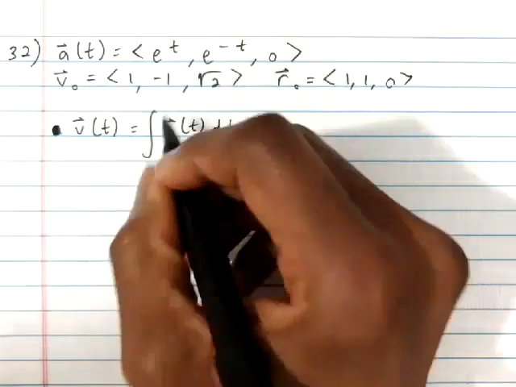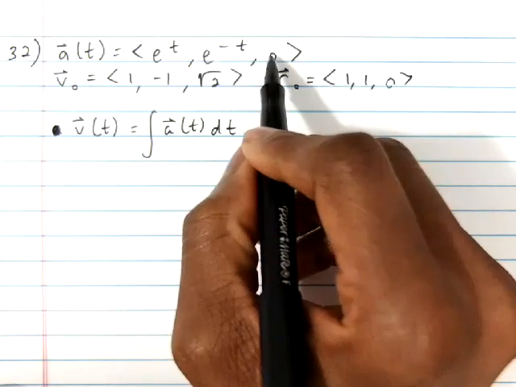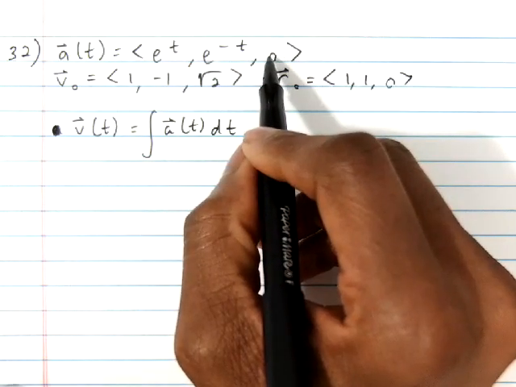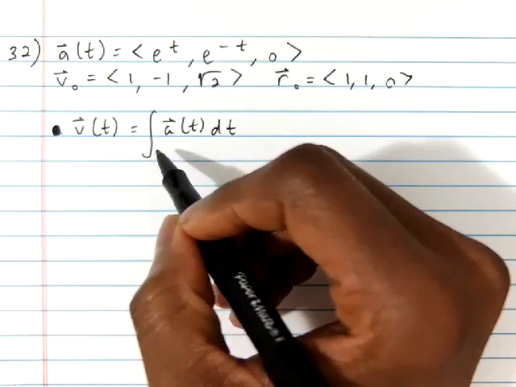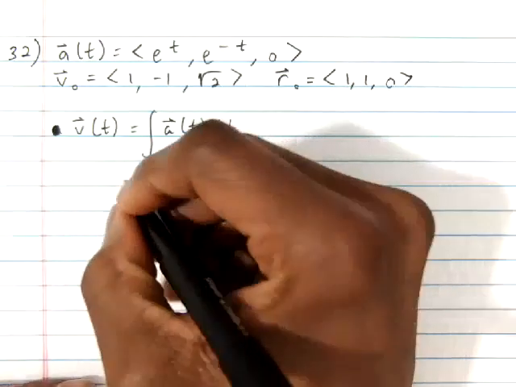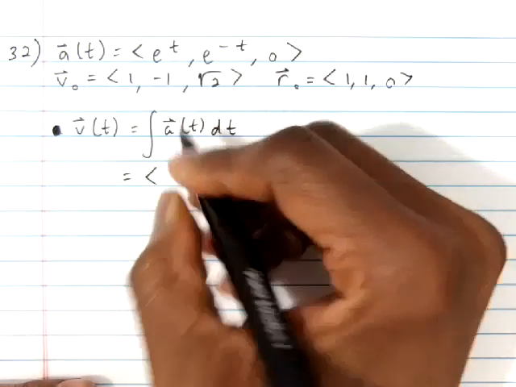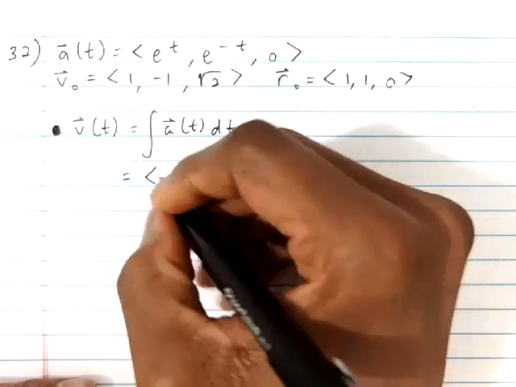We're going to just integrate what we have here, and that'll give us our velocity. But this is an indefinite integral, so we're still going to have our constants of integration for each one of the components. So this is going to be equal to the antiderivative, e to the t is just e to the t, and then plus c.